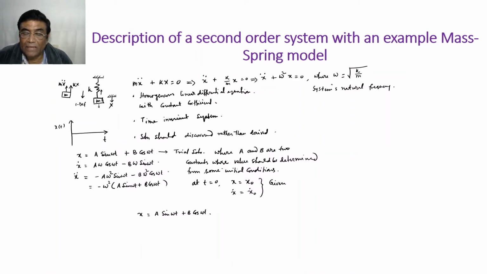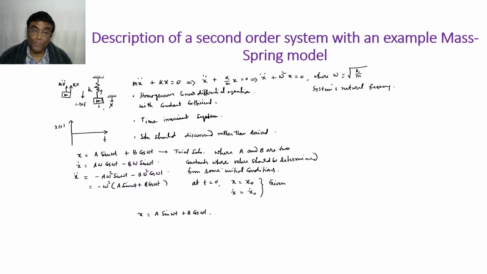And if m is too small with the same stiffness, the oscillation will be very quick, like that. Intuitively, this depends on the system's nature, how stiff the spring is and how big the mass is. That's the reason it is called the system's natural frequency.